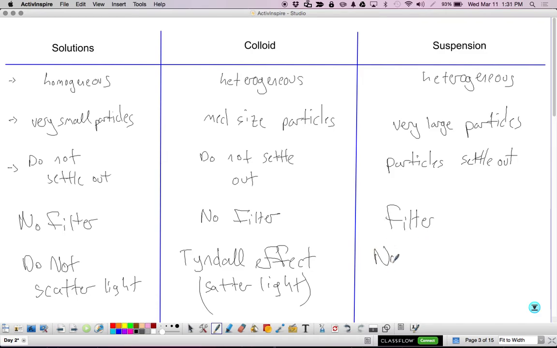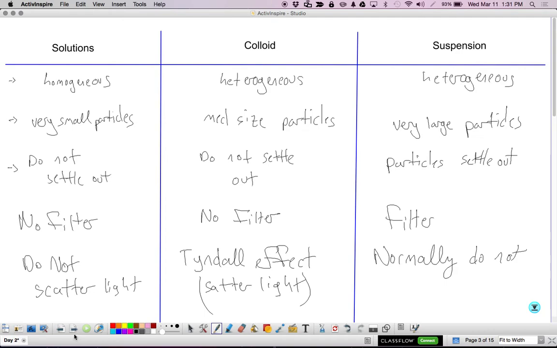They normally don't, but if the particles are on the small end of this scale, closer to the size of a colloid rather than a suspension, then they could. So you just have to be a little aware of what's going on with those.